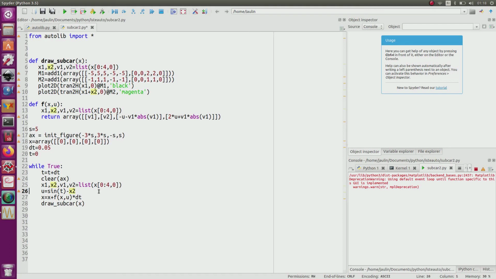I'm not allowed to touch the state equation here, the physics of the system, but here I can put what I want. So probably now the position of the weight will be limited to the bound of the box.